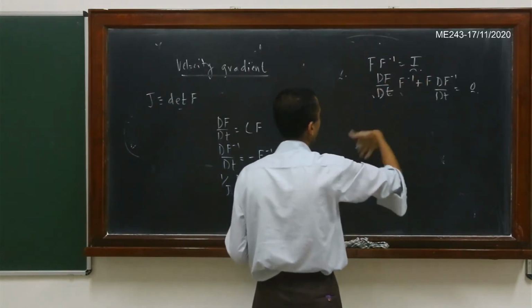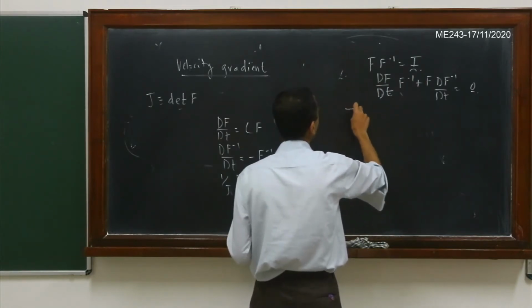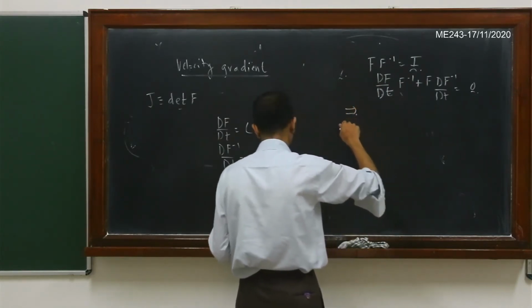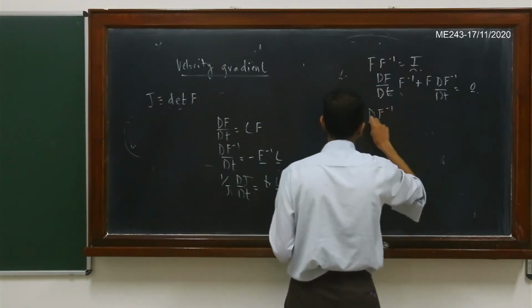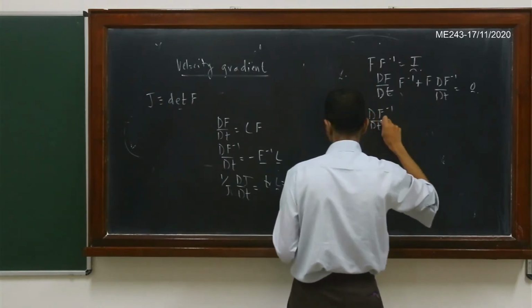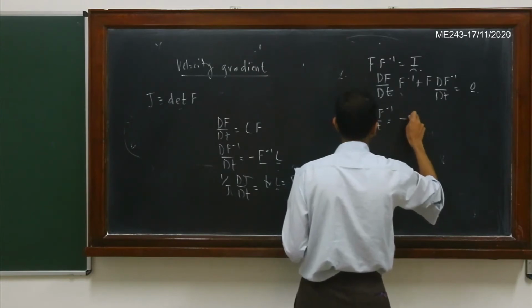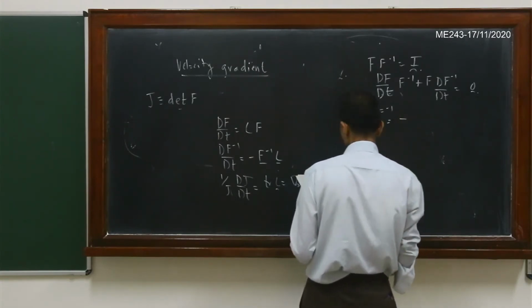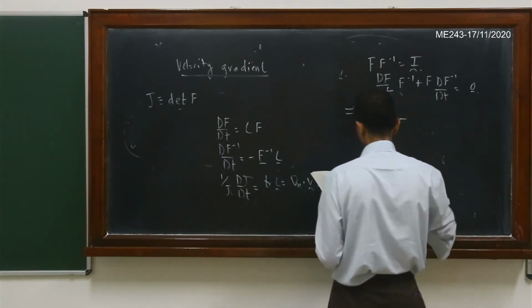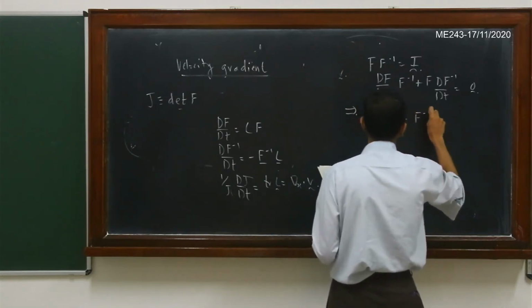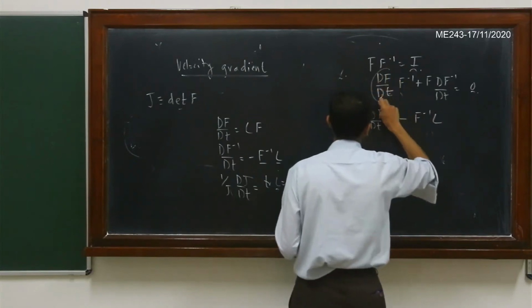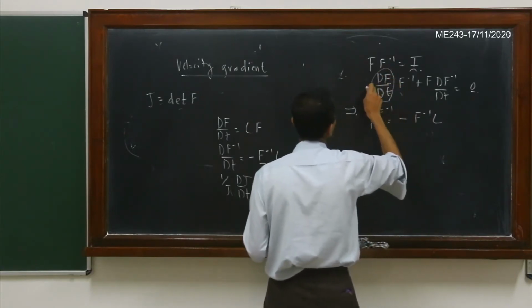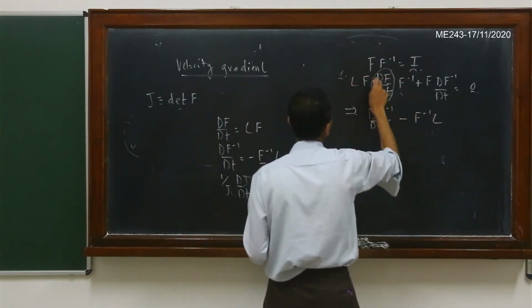I already used this assumption, and so I will get that d of f inverse with respect to time is equal to minus f inverse L, because here I have simply substituted df by dt as LF.